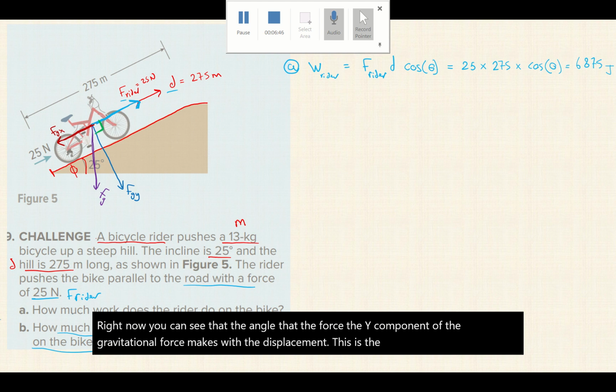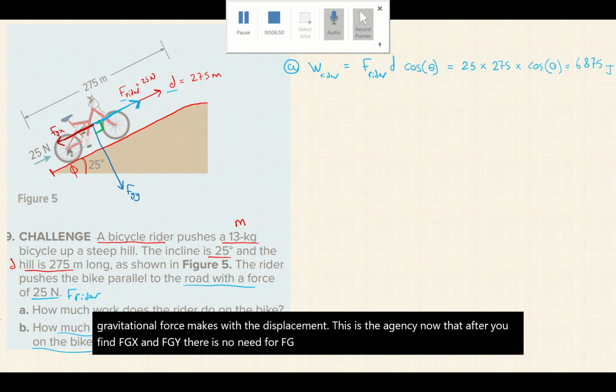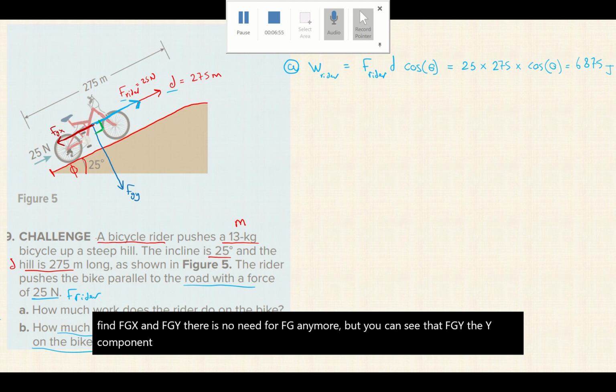Now that after you find Fgx and Fgy, there is no need for Fg anymore. But you can see that Fgy, the y component of the gravitational force, makes a 90-degree angle with the displacement.